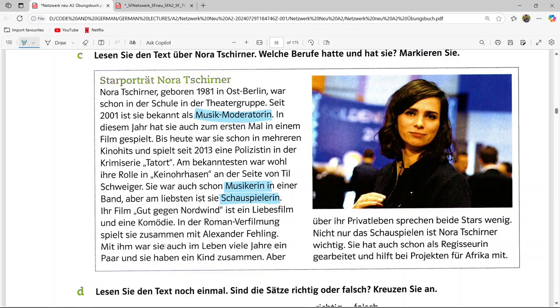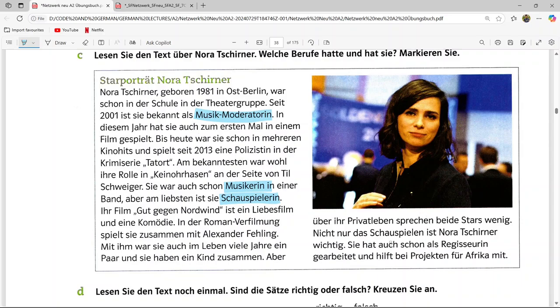Mit ihm war sie viele Jahre ein Paar und sie haben Kinder zusammen. So with him she has a child together. Aber über ihr Privatleben sprechen beide Stars wenig. But the stars talk about their private life very little.